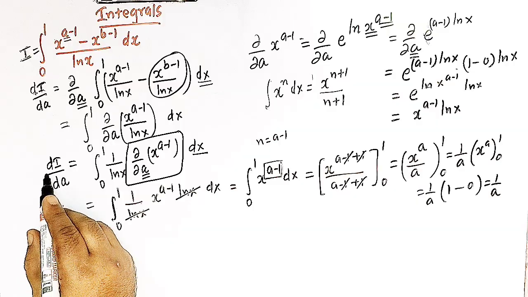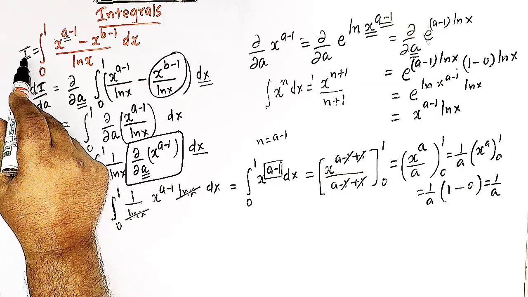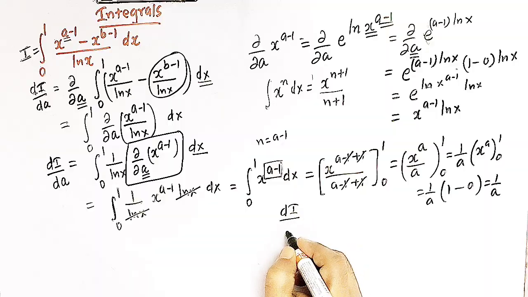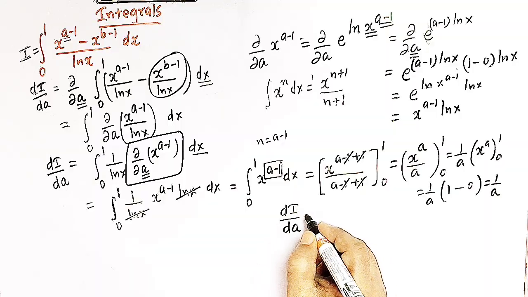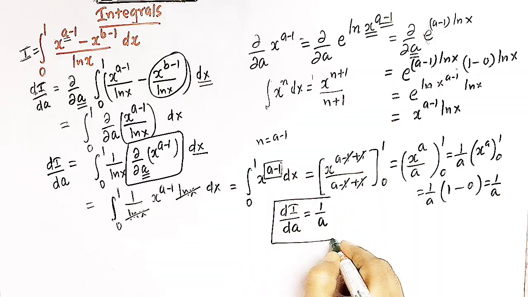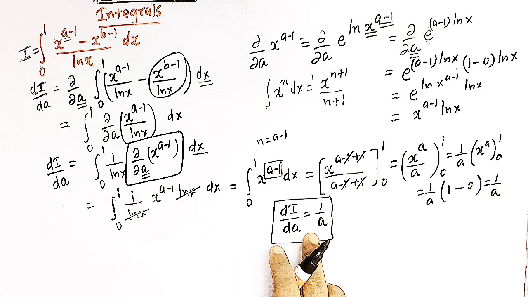So now the derivative of this integral I with respect to a is given by dI over da is equal to 1 over a. Now this is a variable separable form of differential equation, and we can solve this differential equation by the method of separating the variables.